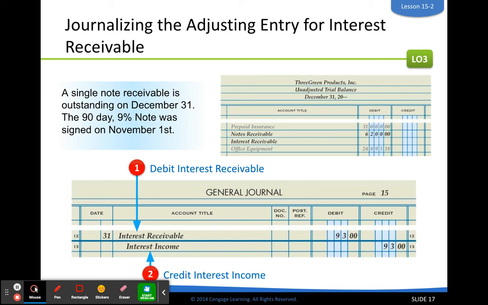Instead, it'd be 29 days in November, because November 1st through the 30th, so 29 days in November, 31 days in December, for a total of 60 days. So this example would be 6,200 times 9% times 60 over 360. And that is how we get the $93.